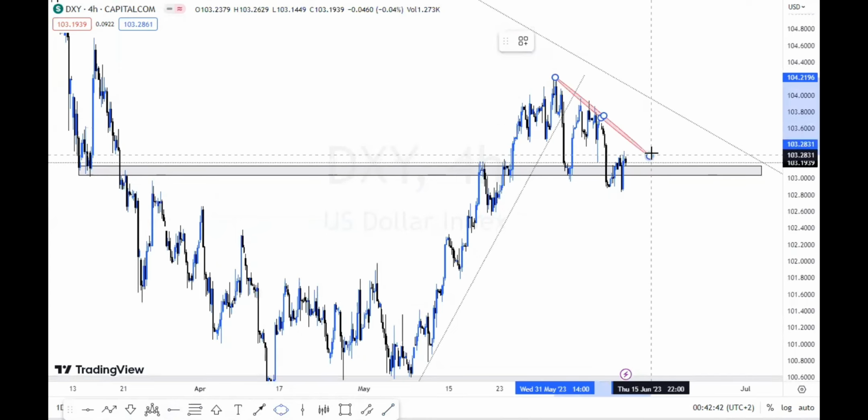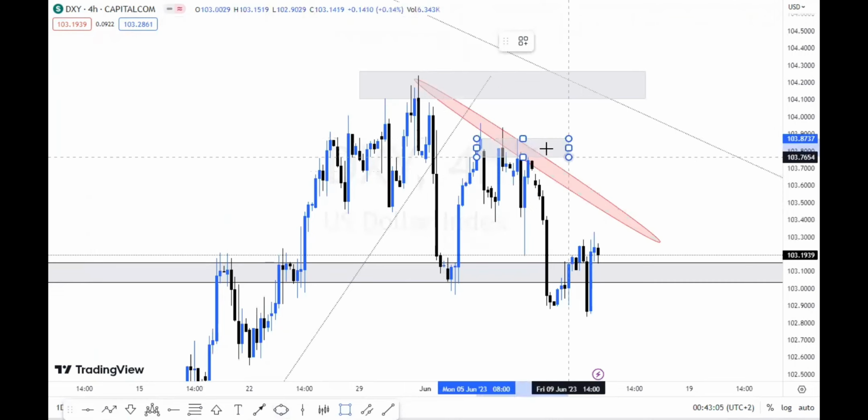This one failed to make new highs. This move failed to make new highs. And then we experienced equal highs here, right? Some sort of a resistance, and price has been failing to make higher highs ever since.